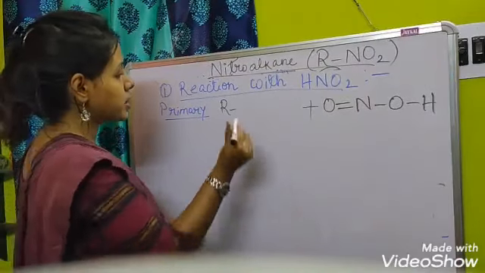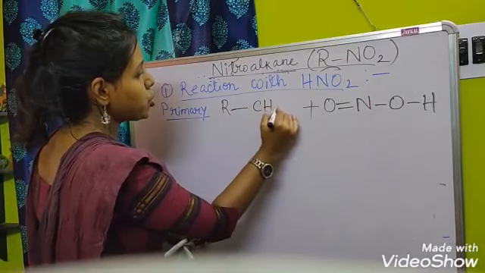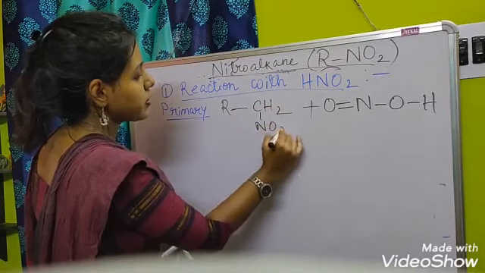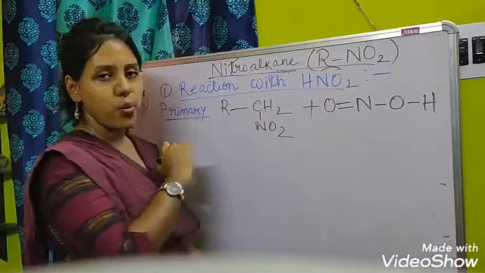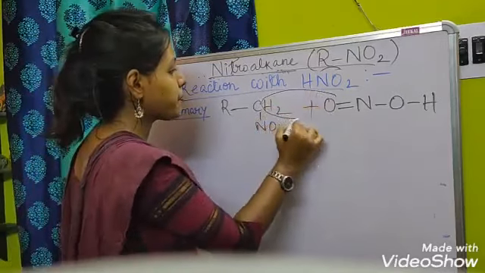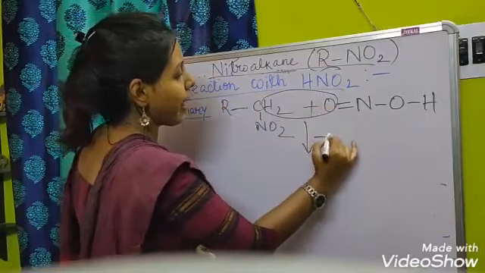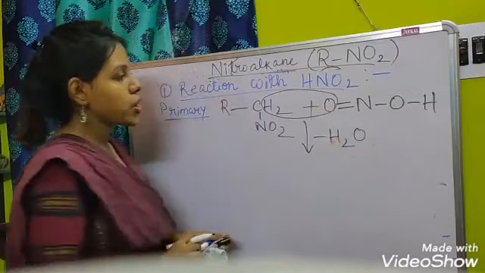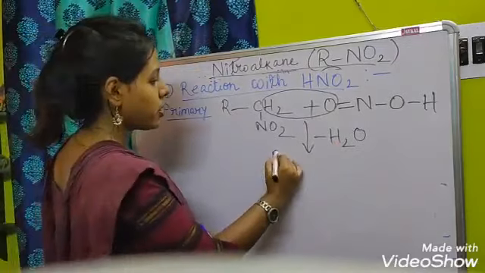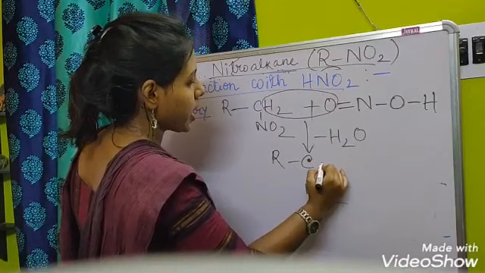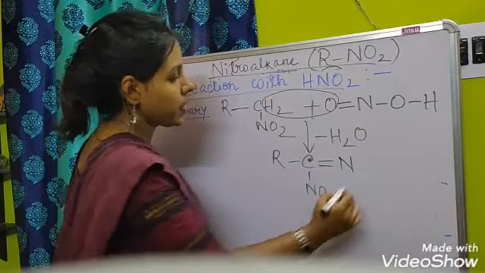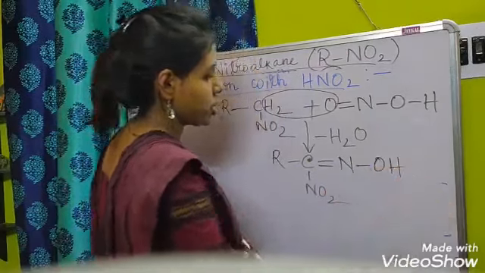R single bond CH2 single bond NO2. Okay. Now these two hydrogens will be removed with this oxygen. So minus H2O. So there will be the formation of R single bond C, NO2, double bond nitrogen, single bond OH.